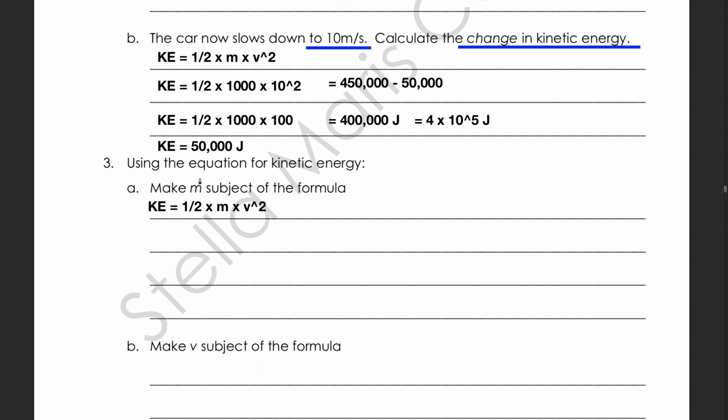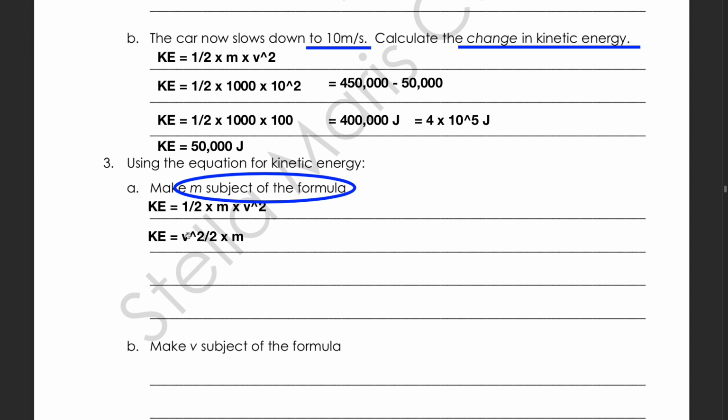In this case, we have to get m subject of the formula, which means that we have to take the 1/2 and the v squared over to the other side. Now, a bit of a trick would be to group the v squared and the 1/2 together, so that we'll get KE equals v squared on 2 multiplied by m. It's still the same thing.